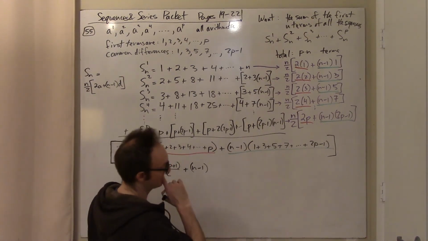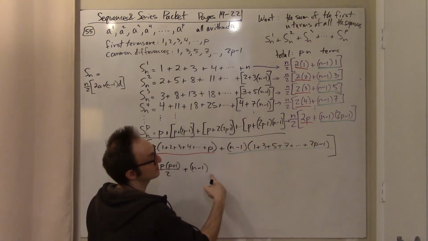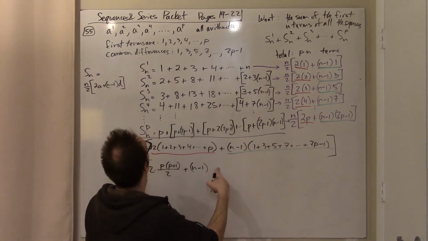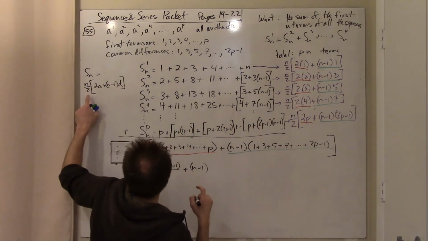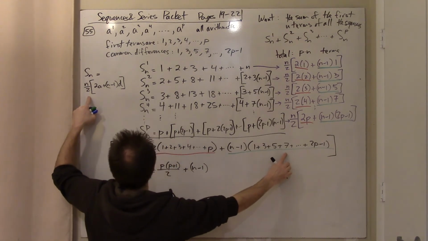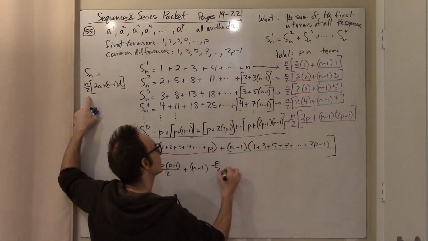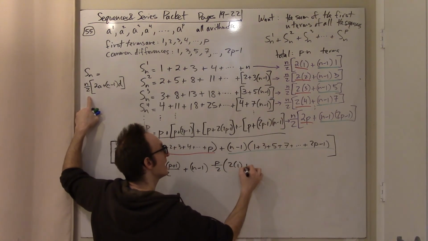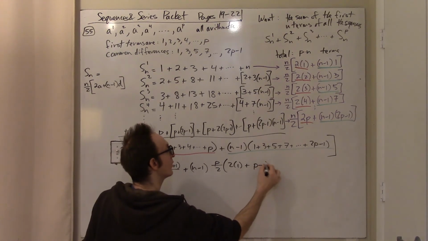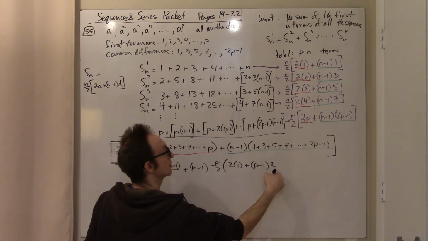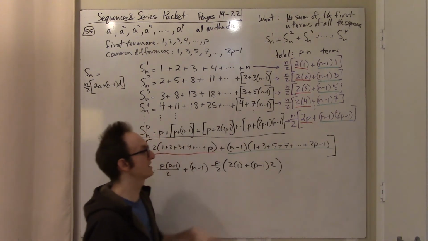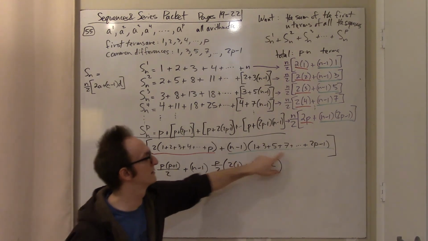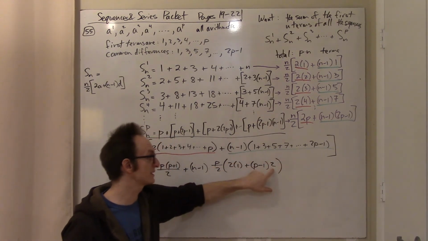Well, anyway, I'm not going to be cool or anything. I'm just going to do it, because what is this? It's an arithmetic sequence, and so the formula for the sum of the first p terms of an arithmetic sequence is p over 2 times twice the first term plus p minus 1 times d, and d is just 2. d is 2 because this arithmetic sequence skips by 2 every single time.